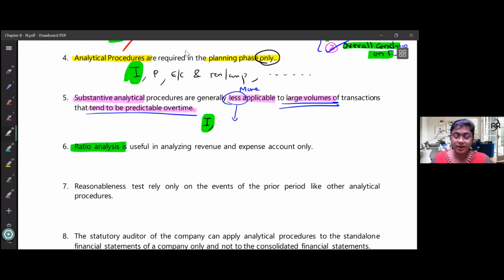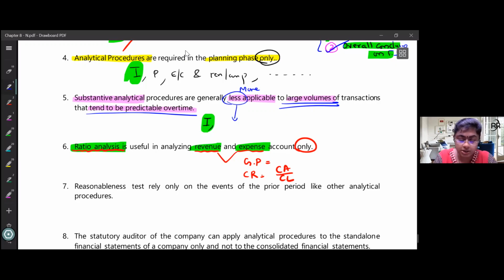A ratio analysis is useful in analyzing the revenue and expenditure account only. Who said? See, ratio analysis, one example is GP, which says P&L account, revenue and expense. Can't we use current ratio where current asset by current liability, which is balance sheet item? Here they say it is only useful for revenue and expense.